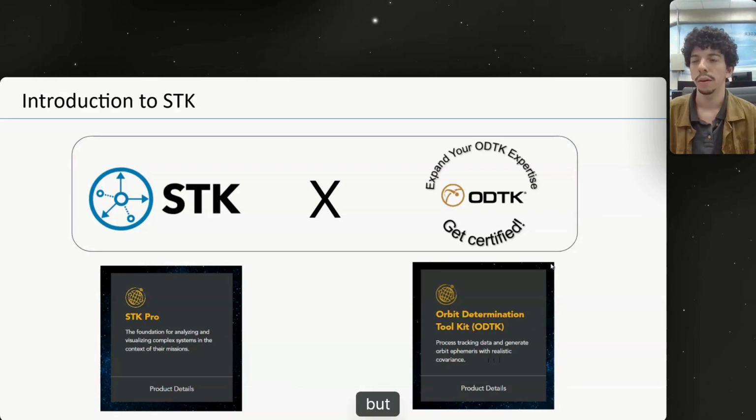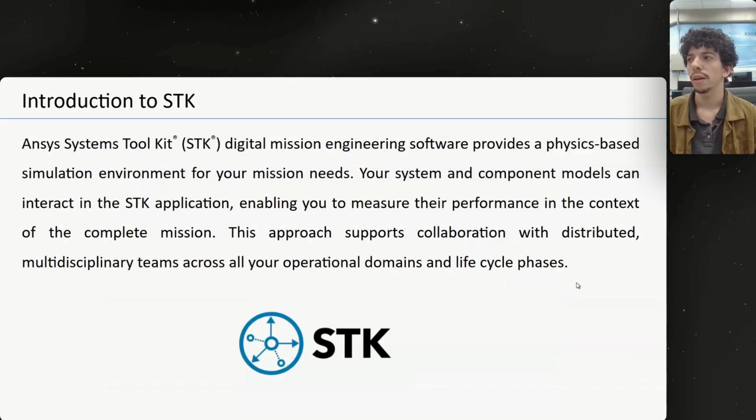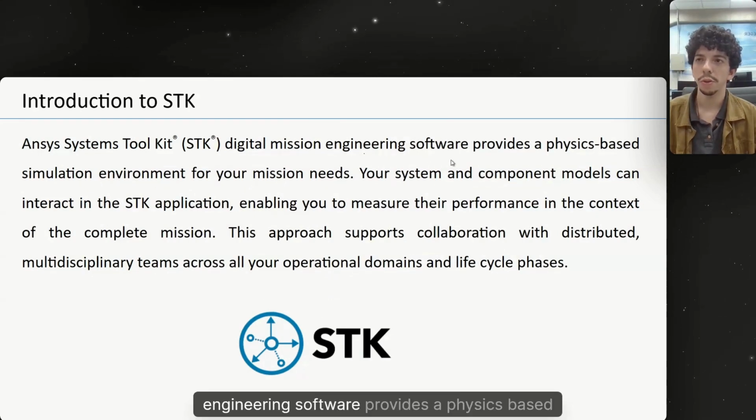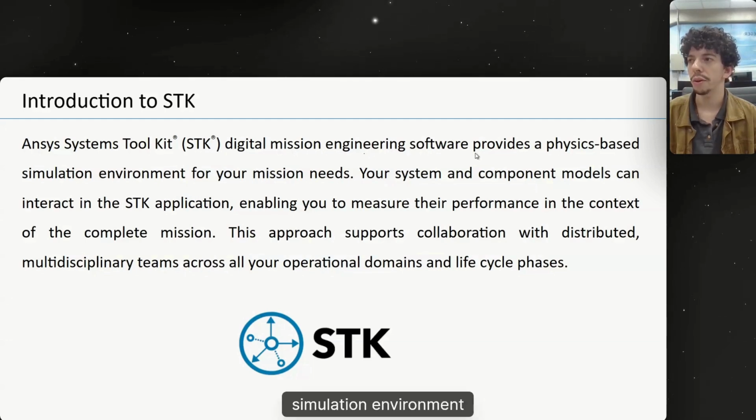Okay, but we focus on STK only. Perfect. And the software STK is digital mission engineering software that provides a physics-based simulation environment for your mission's needs.